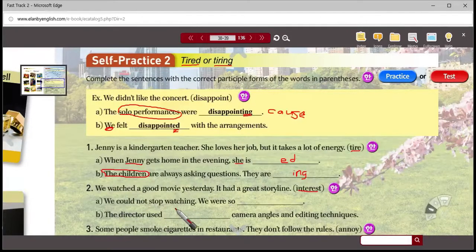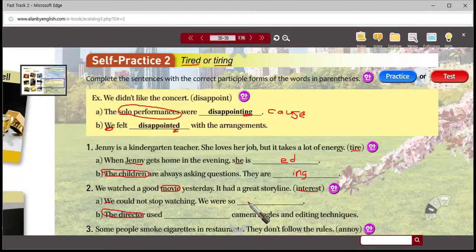We could not stop watching. We could not stop watching the movie. The director used something, camera angles and editing techniques. Okay. So what caused the interest? It looks like the movie caused the interest. More specifically, the director. It's his movie. He made it. He created the movie. The movie created interest.